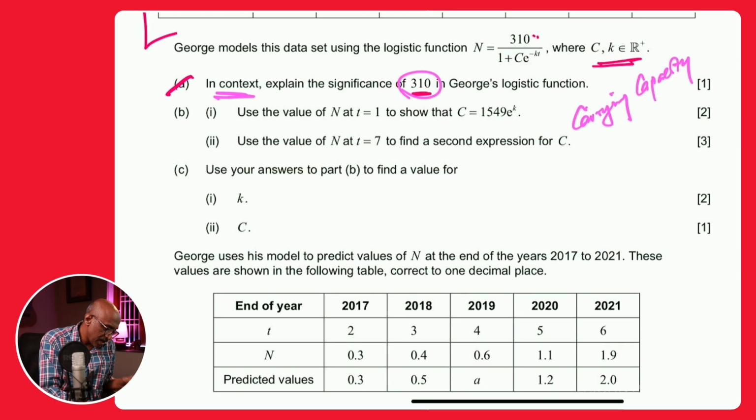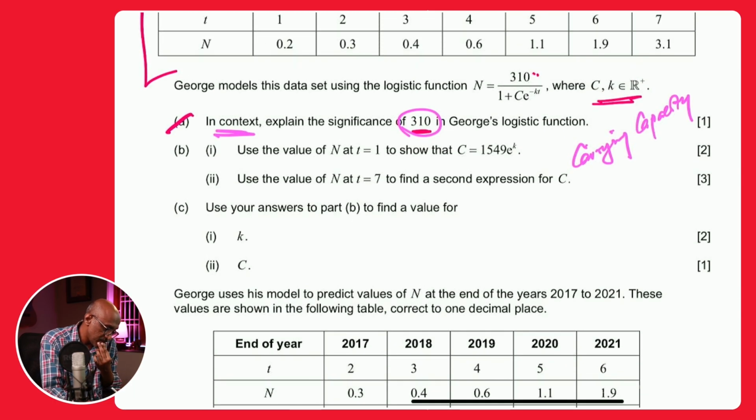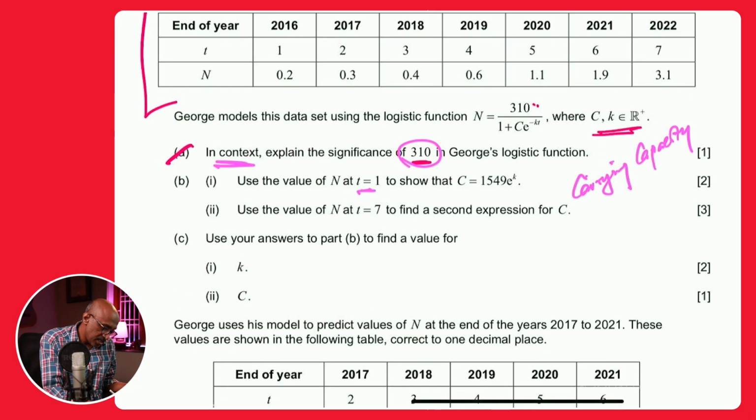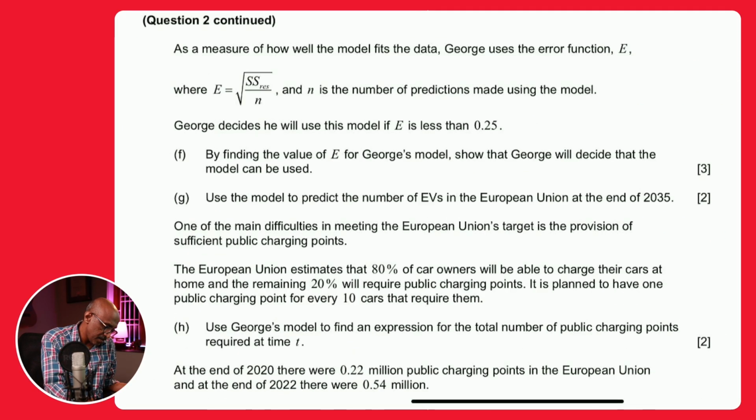2B says use the value of N at t equals 1 to show that C is equal to 1549 e to the power of k. T equals 1, use the value of N, and in this equation, N is equal to 0.2. So let me just copy this equation down correctly first.